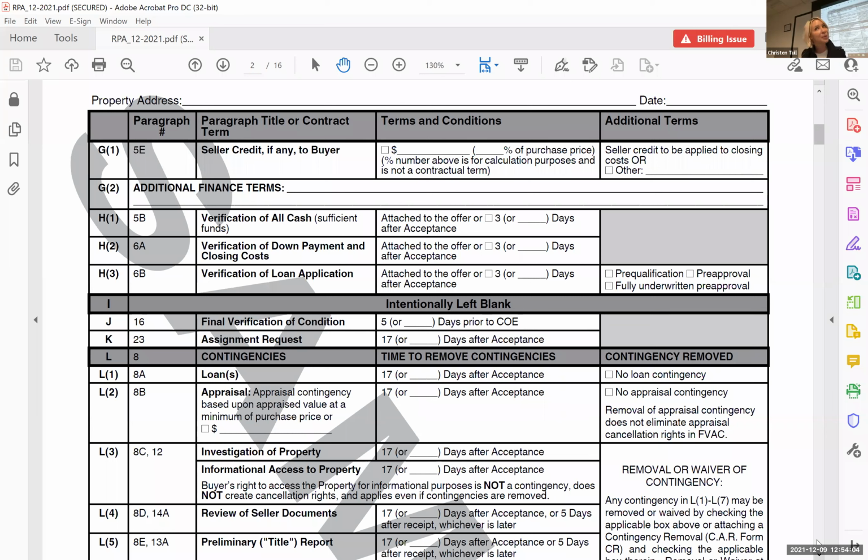That might switch if it's a buyer's market. So if it's a buyer's market, why would the seller agree to a credit to the buyer versus just reducing the purchase price? The difference is the buyer would have to come in with less actual cash to closing. That's the reason for this term.